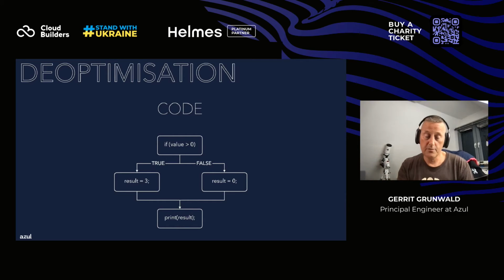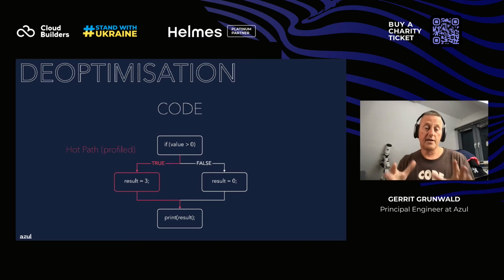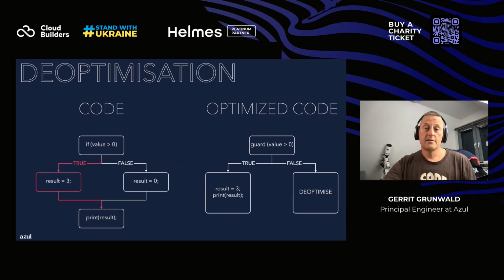If it's equal or lower than 0, then the result will be 0, and we print the result, okay? So if the profiler figures out that mainly we have values larger than 0, then this is the hot path. So it's always 3. The compiler will optimize the code in a way that it will directly set result equals 3 as long as the value is larger than 0.